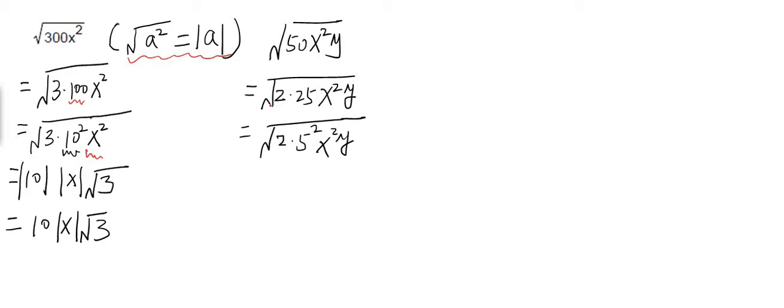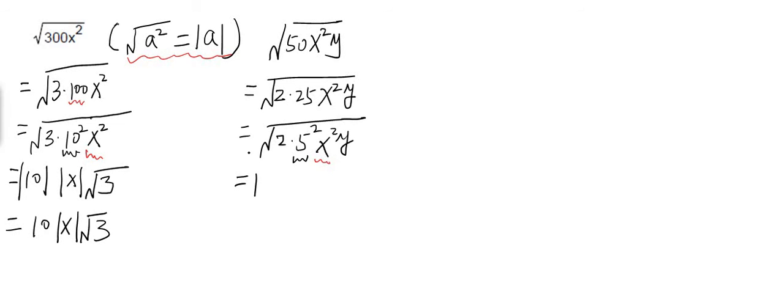Now we can find the two terms: one is 5 squared, another one is x squared. We just move out these two terms. For the 5, we can use the formula here.